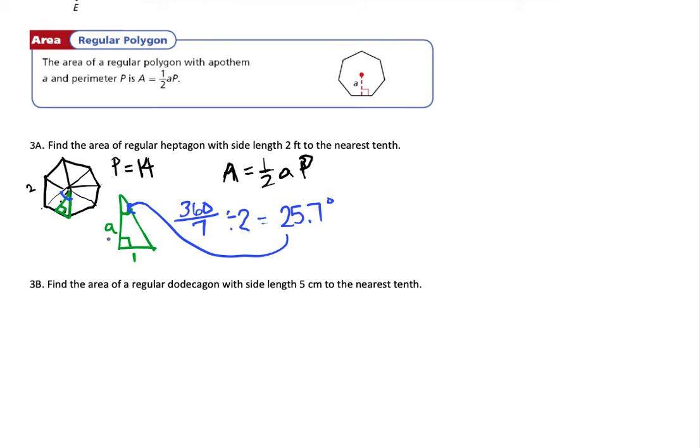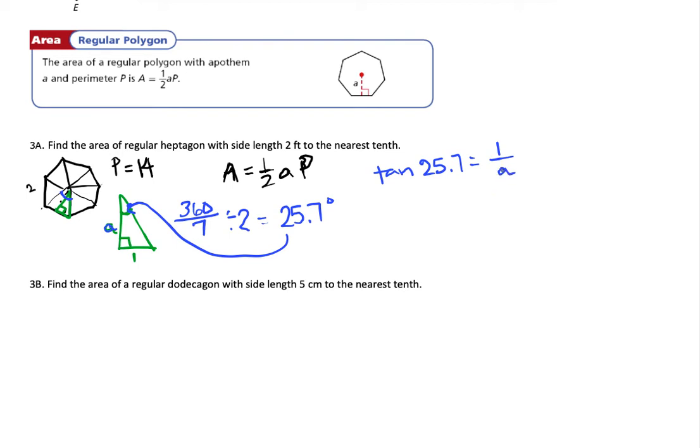So we still need to find A. To find A, we're going to have to use trig functions because we know an angle and we know a side, so we can figure out this side. So to find the apothem, we know the angle and we know its opposite and we need to know its adjacent. So I would use tangent of 25.7 equals opposite over adjacent.